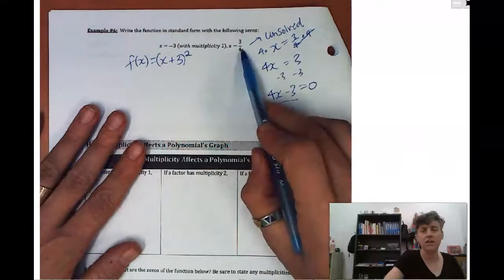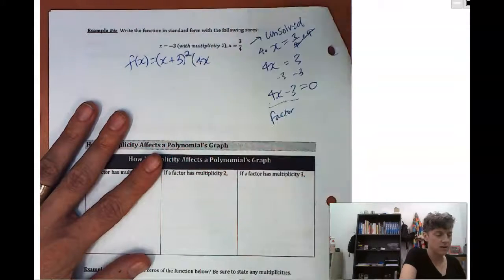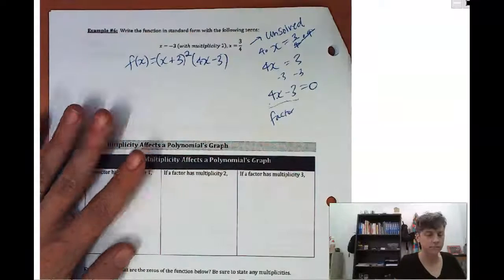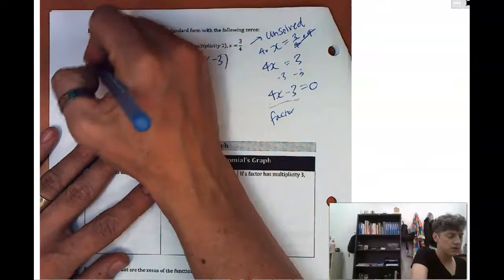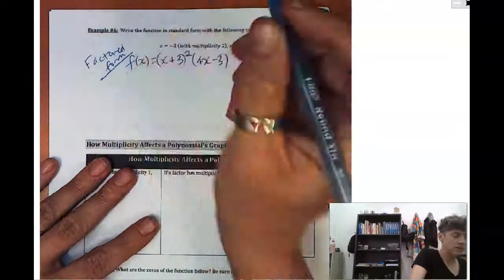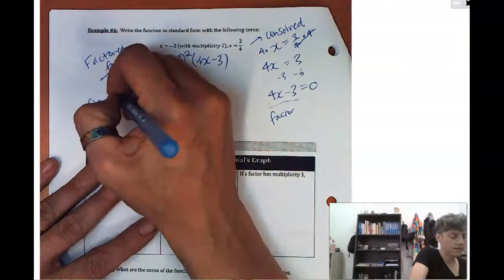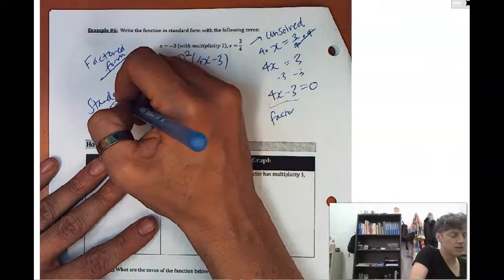It doesn't say anything, so it must have a multiplicity of 1, so this will be 4x minus 3. This was factored form. To get this in standard form, we got to multiply this all out.